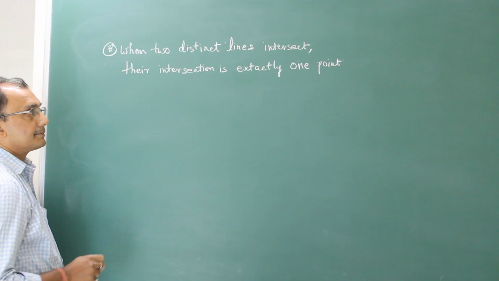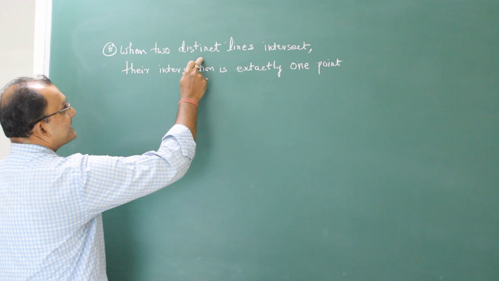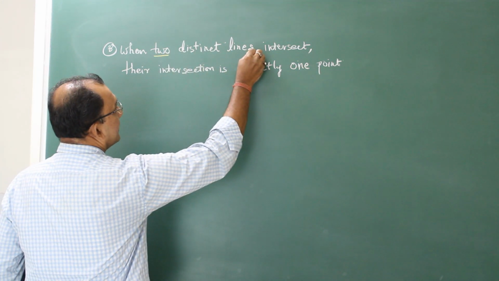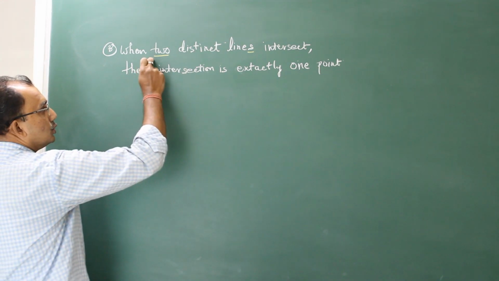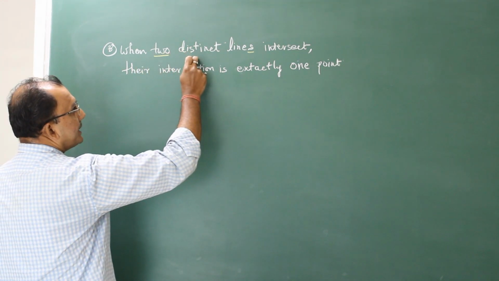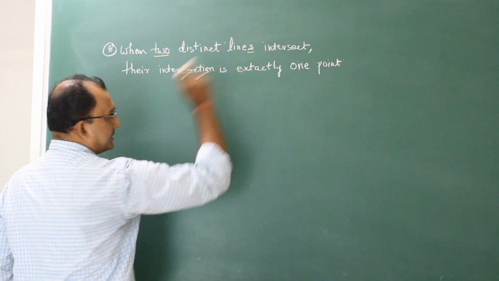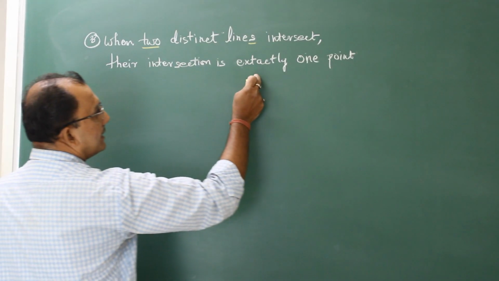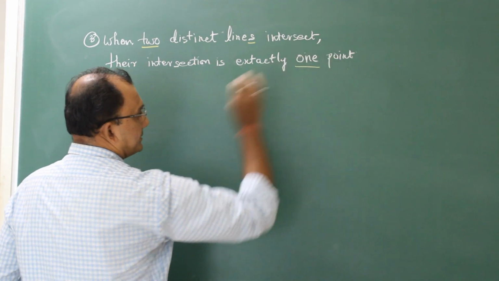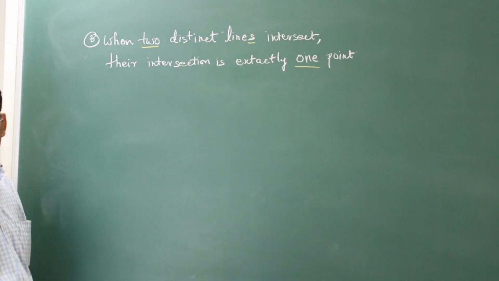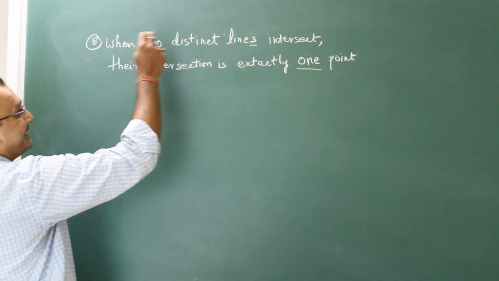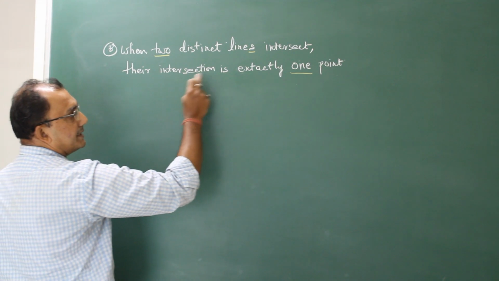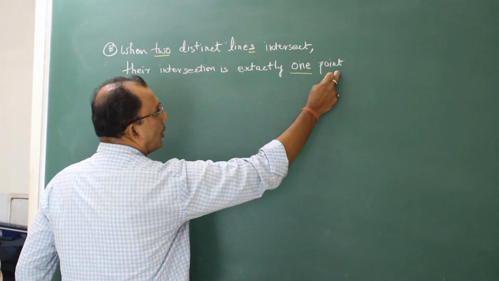Axiom number 3. When two distinct lines, is the wording, two distinct lines. Two distinct means two separate lines intersect. The intersection is exactly one point. What does this mean? When two distinct lines intersect, the intersection is exactly one point.